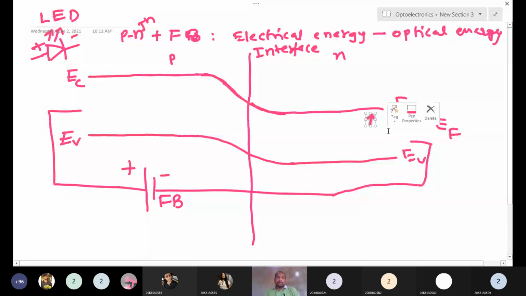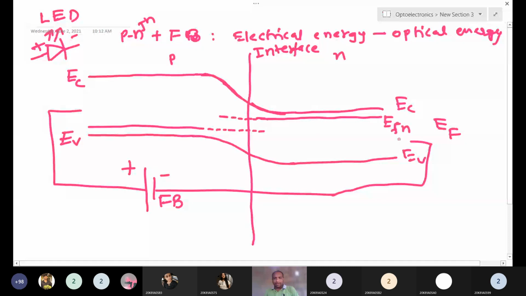Once this junction is formed, holes are the majority carriers in the valence band of the p-type semiconductor, so free holes will exist in the valence band. Next, free electrons are available in the conduction band of the n-type semiconductor. In n-type semiconductor, electrons are the majority carriers.